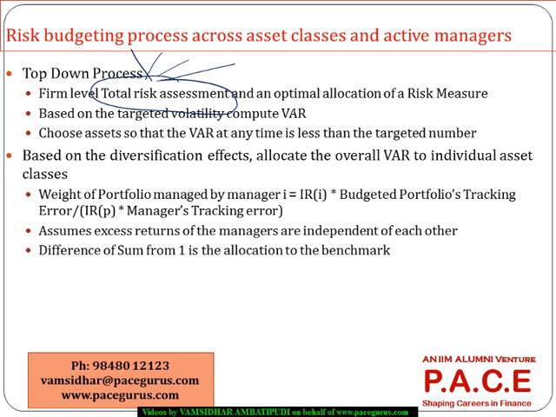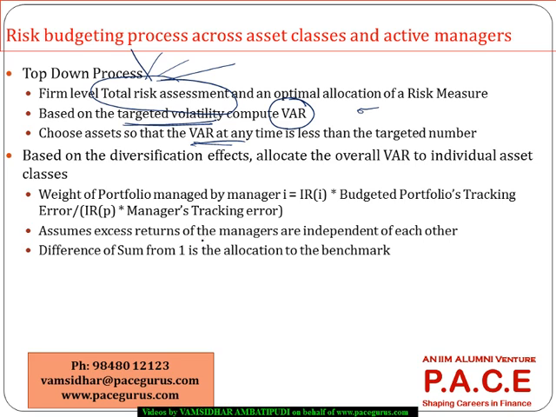So we are computing the VAR based on the targeted volatility, the sigma which the organization is willing to take up, and based on that the assets are chosen, so that at any point in time when we are computing the VAR, it should be less than the targeted value itself.